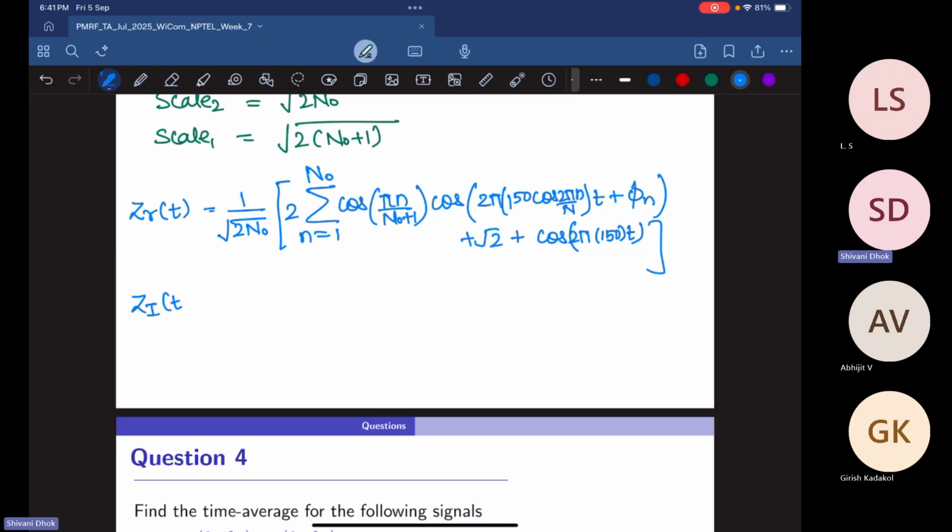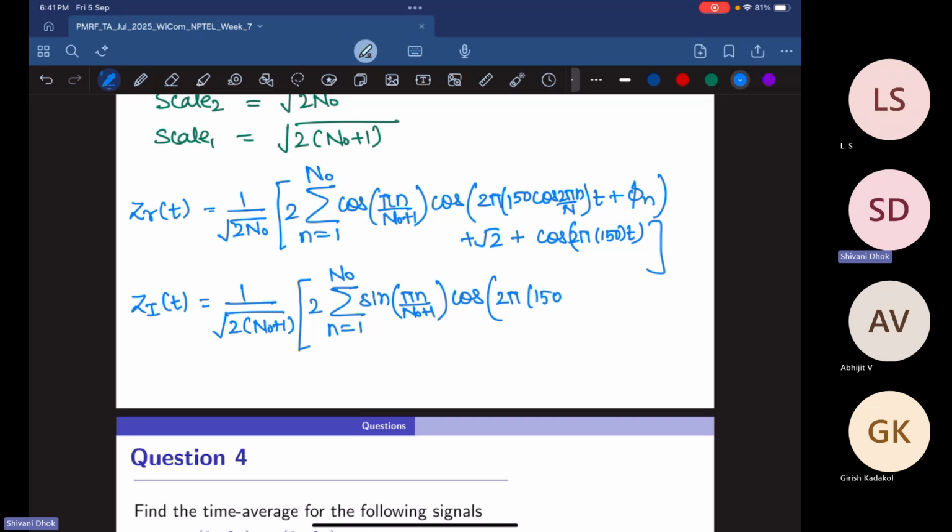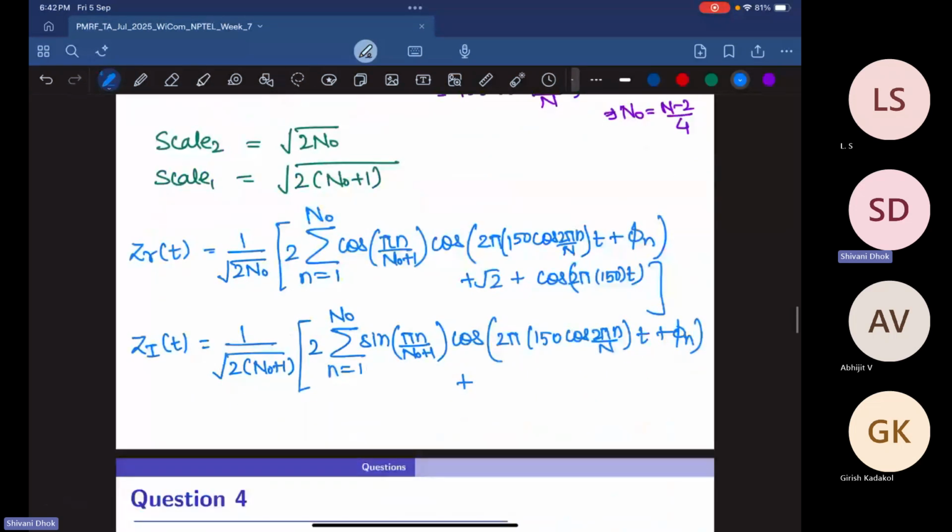And then you have zi(t), which comes out to be equal to 1 over under root 2 times N naught plus 1, into 2 times summation n equal to 1 to N naught of sine beta n, so sine pi n over N naught plus 1, into the same term cos of fn t, that is 150 cos 2 pi n by N t, plus phi n, plus root 2 sine alpha, alpha is 0 so that term goes to 0, plus sine 2 pi fd t.